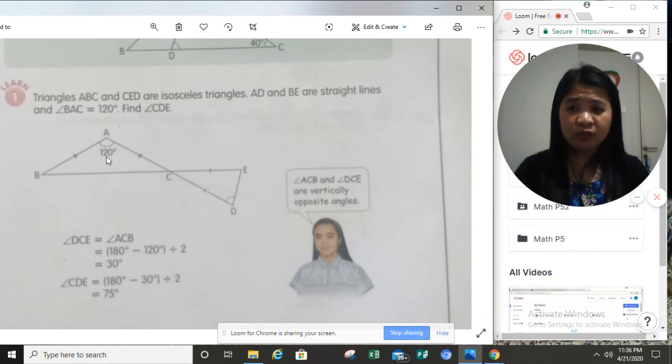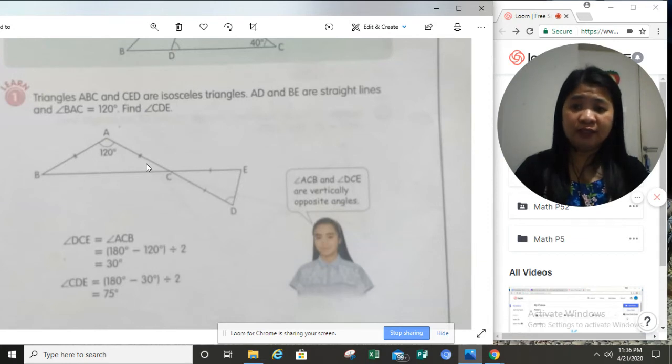So if we have 120 degrees in one angle, and this is an isosceles triangle, we subtract 120 from 180 degrees, then divide the answer by 2, so the angle here and the other angle here are equal. So 30 and 30.